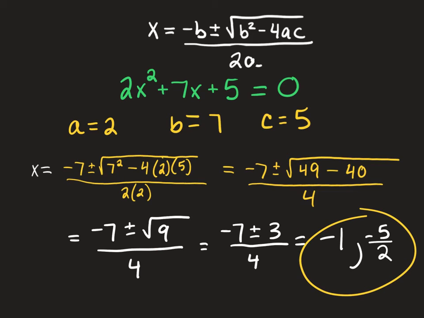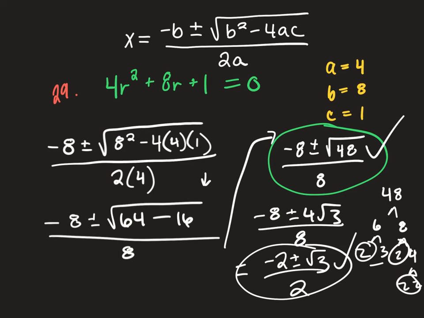The square root of 9 is 3. So negative 7 plus 3 is negative 4, divided by 4 gives us negative 1. And negative 7 minus 3 is negative 10, divided by 4, which we can reduce to negative 5 over 2.